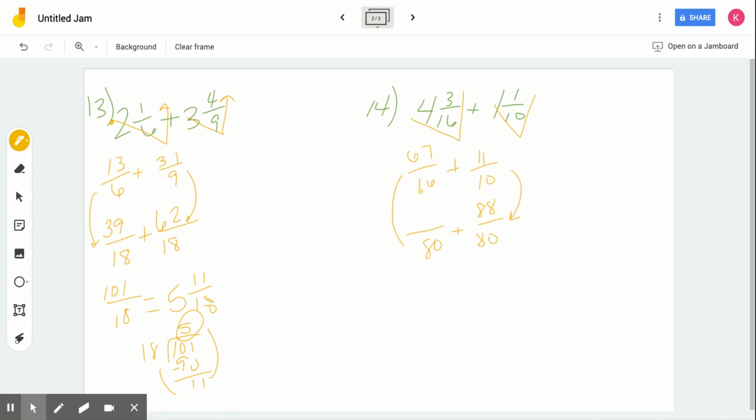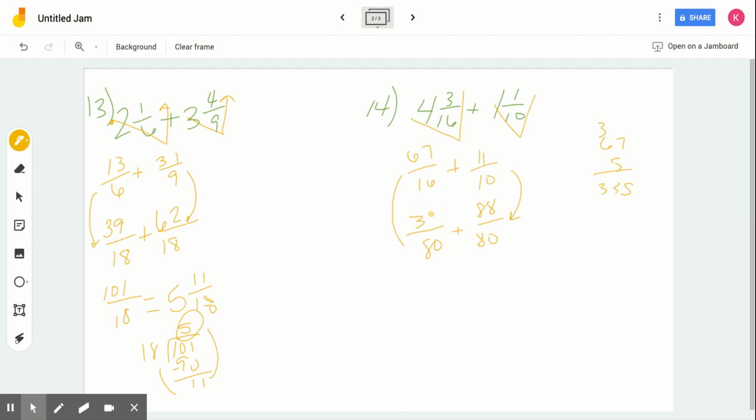And 16 times 5 is 80. And 67 times 5, which you might need to work out over here on the side. 7 times 5 is 35. 6 times 5 is 30, plus 3 is 33.